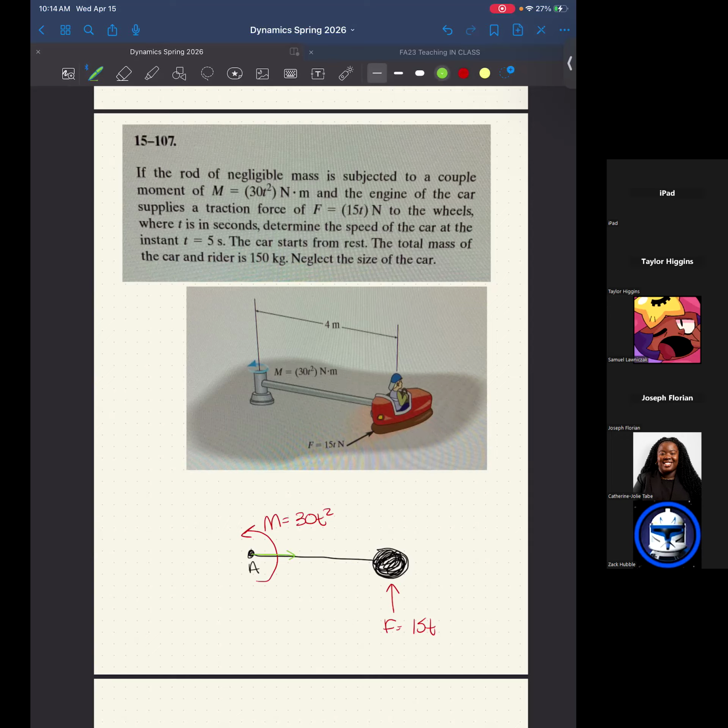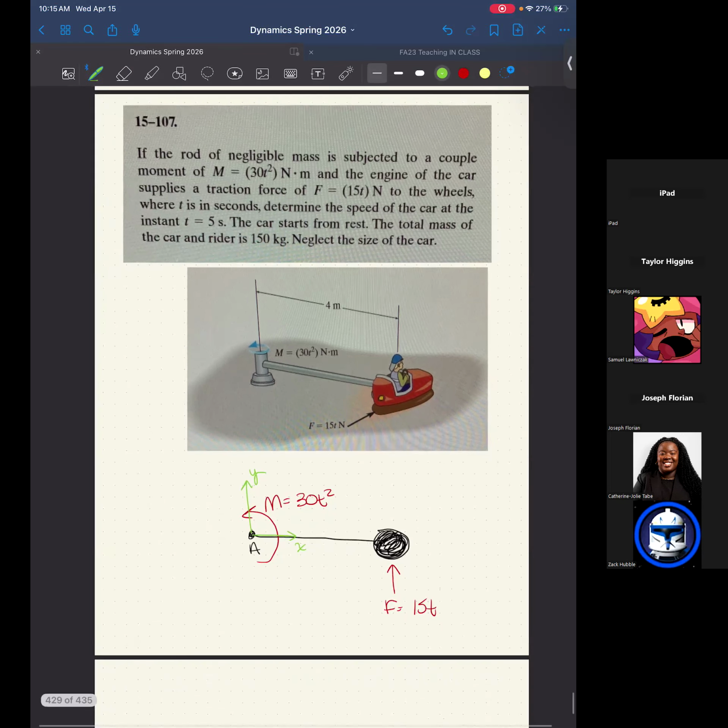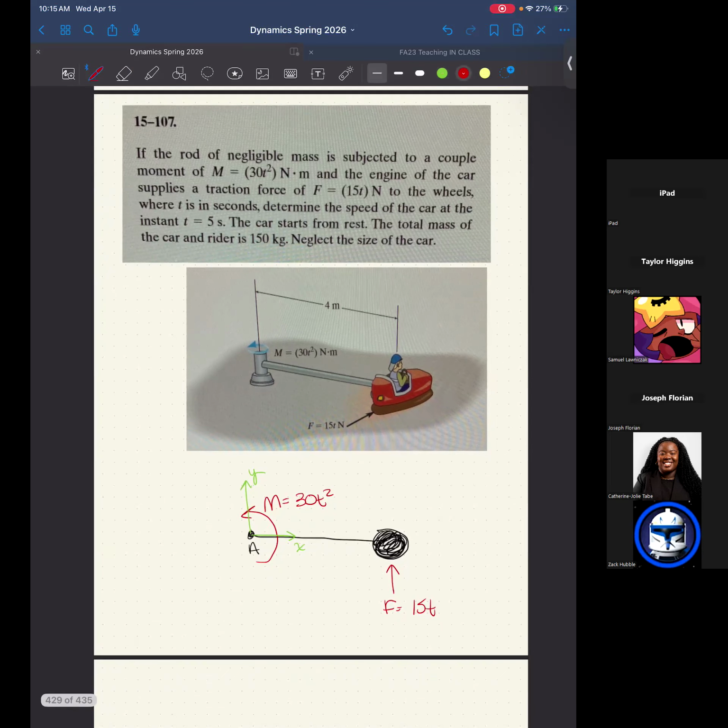And I'm going to set X here, Y here, meaning that Z is out of the page positive, which means that this moment is positive. Okay, make sense? It was just hard to see the blue arrow, like which way. Oh yeah, sorry, absolutely. But actually, there's also some reaction forces here, Ax and Ay.